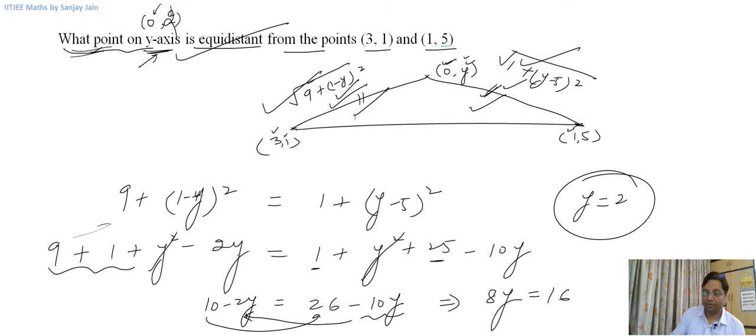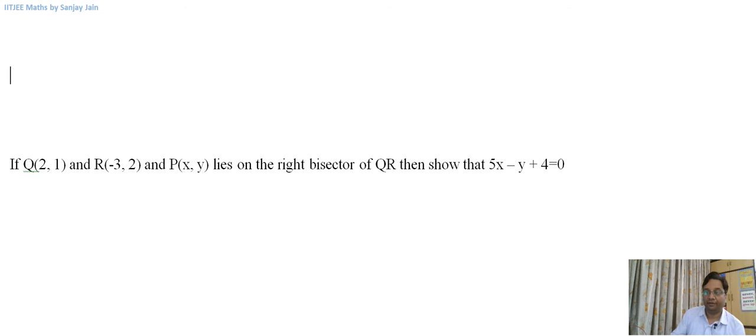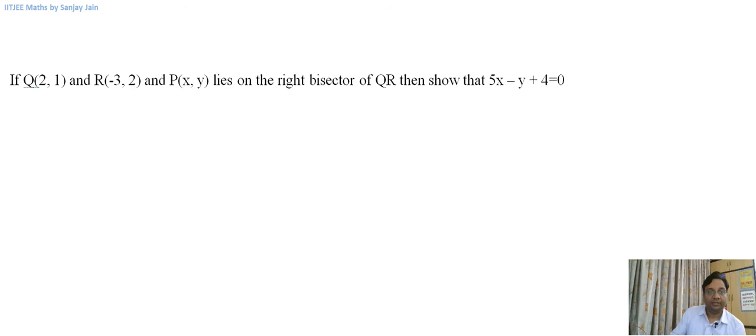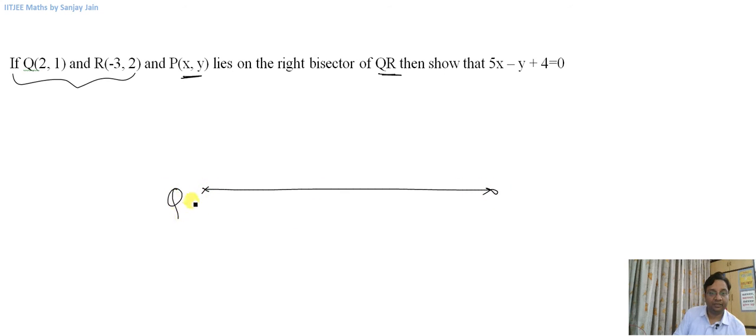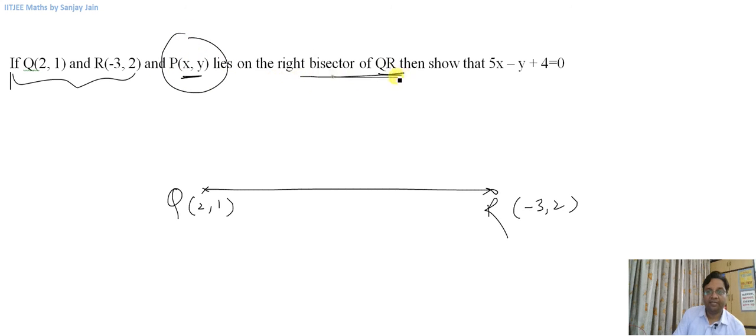Okay, let's look at the next question here that we have. If Q and R are given and P lies on the right bisector of QR. So let me draw QR first. Let us say this is Q 2 comma 1 and this is R minus 3 comma 2, and this point P lies on the right bisector of QR, which means this is a perpendicular bisector.